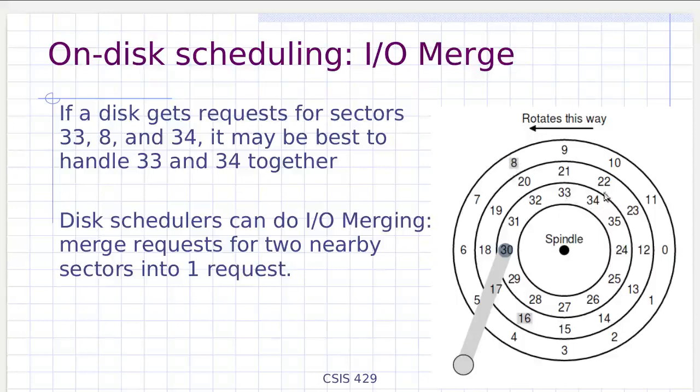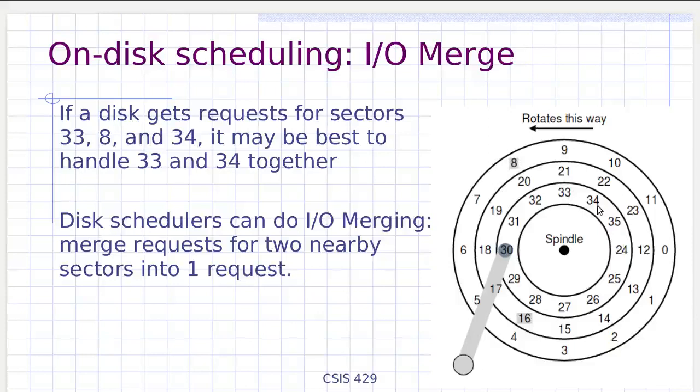So you can handle requests out of order. That's fine. And you want to optimize the total amount of I/O time. And it turns out disk schedulers on the drive will know something about the geometry and will realize that sure, I have to read 33, 8, and 34, but 33 and 34 are right next to each other.